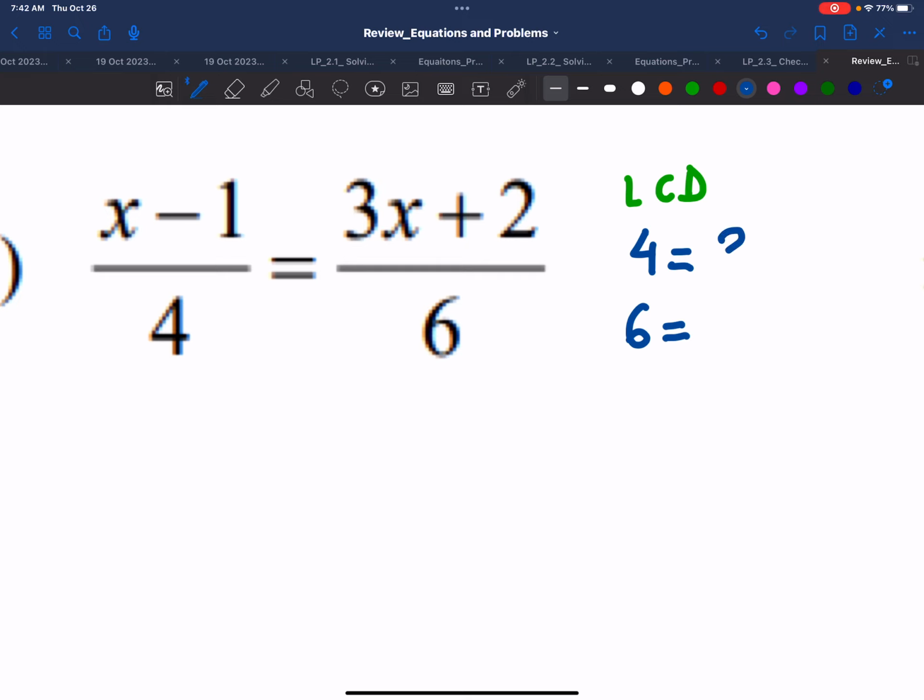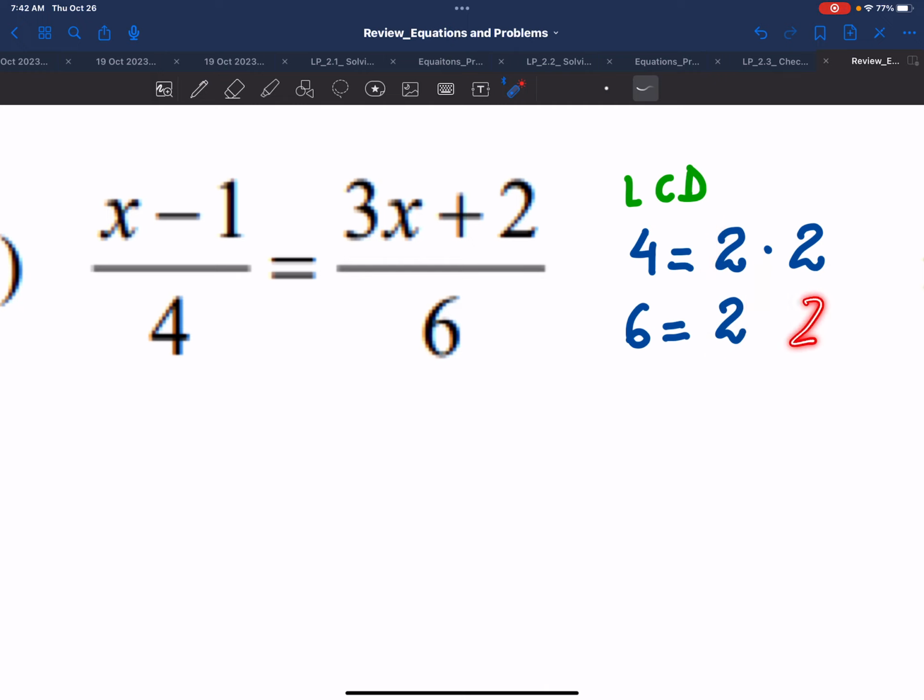So number 4 has 2 times 2 as prime factor. So it can be written as a product of the prime numbers 2 and 2. Number 6 has the prime factors 2 and 3. So since 6 has a prime factor common to 4, which is 2, I will list it right under the same factor of 2 here.